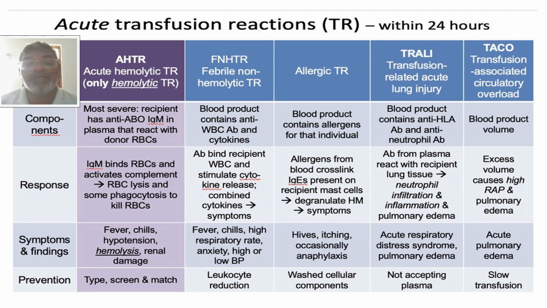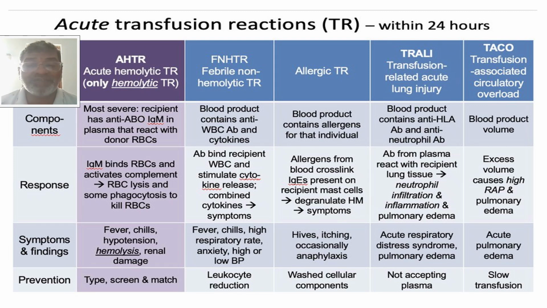In acute hemolytic transfusion reactions there will be hypotension, but in febrile non-hemolytic transfusion reactions there can be high BP or low BP. These febrile non-hemolytic transfusion reactions can be prevented by using leukocyte-reduced RBCs for transfusion.